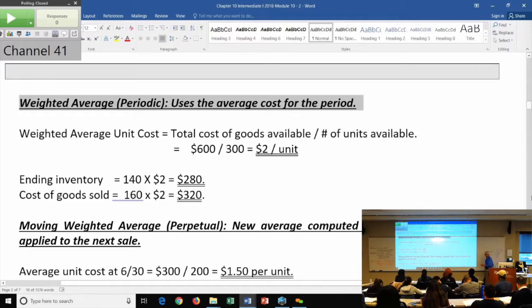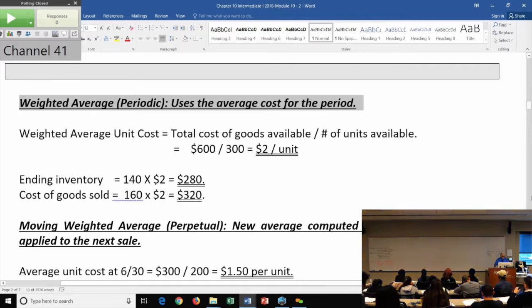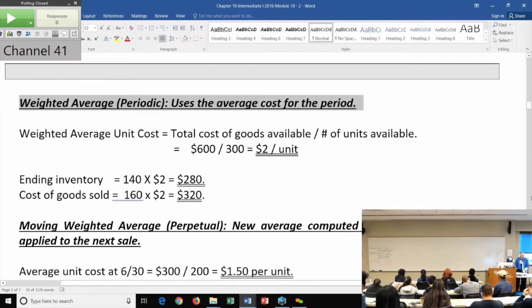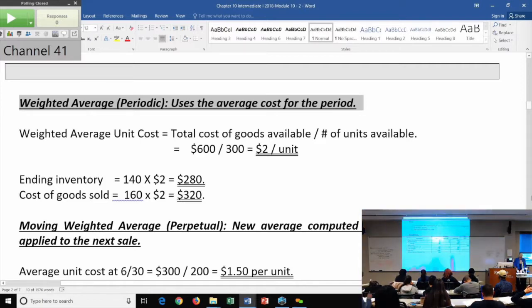Under the perpetual, the average cost becomes a moving weighted average. A new average is computed after each purchase, and that new average is applied to the next sale. So when we look at the base data, again on the sheet that I handed out, the supplement, when you first start, the average cost is going to be $1.